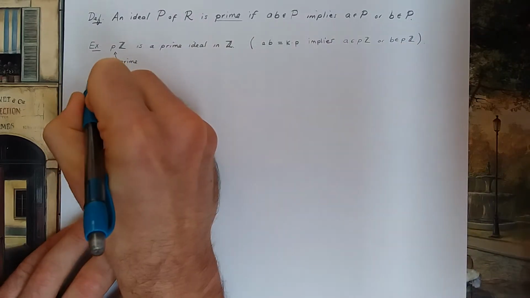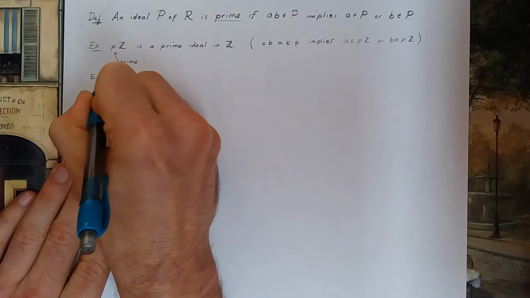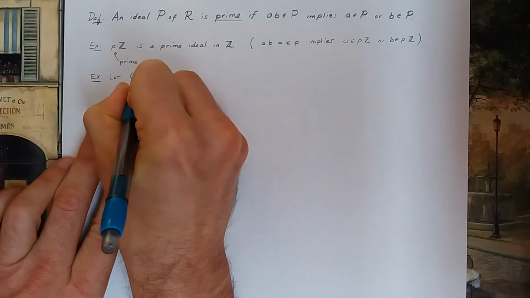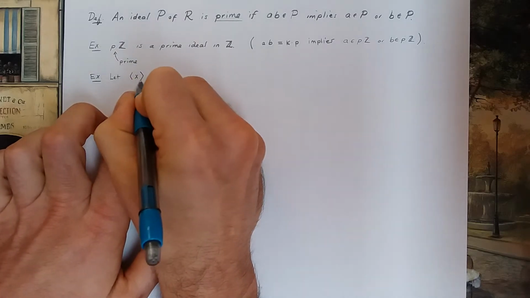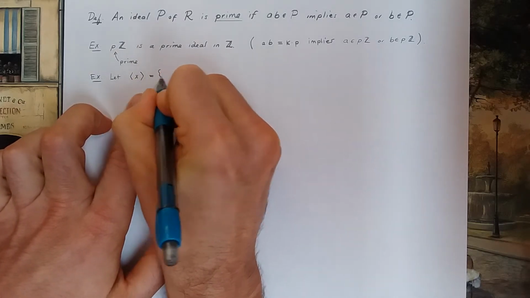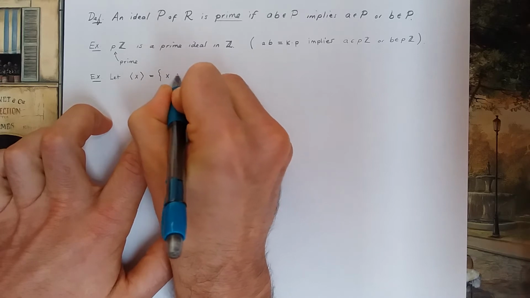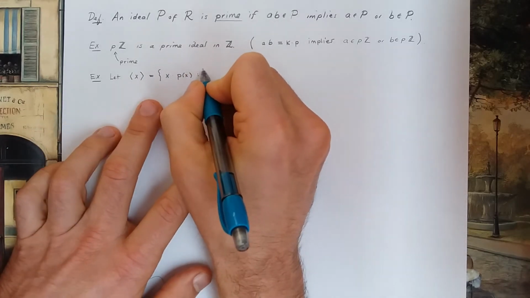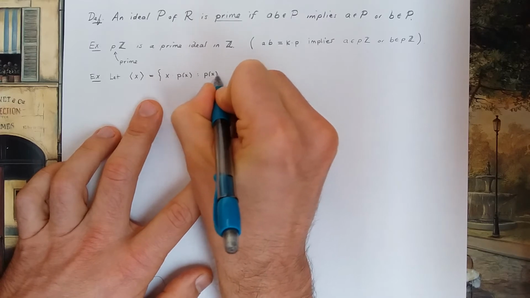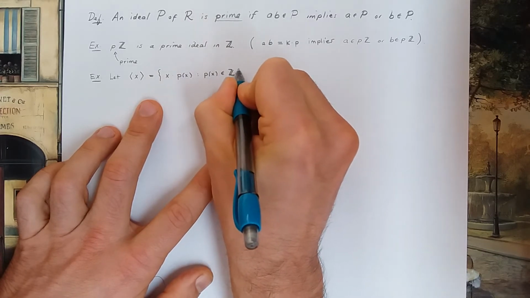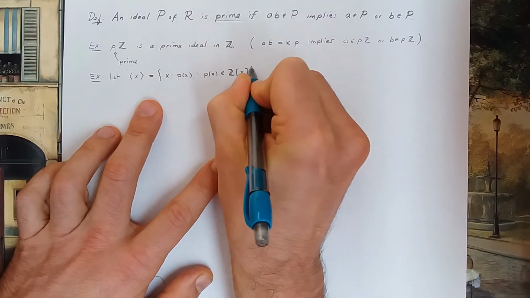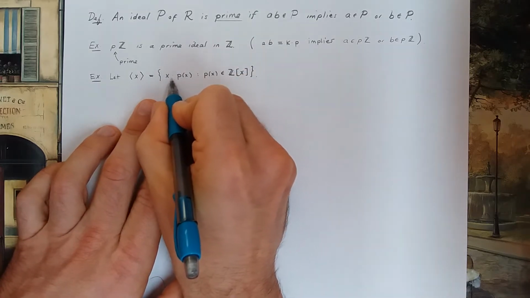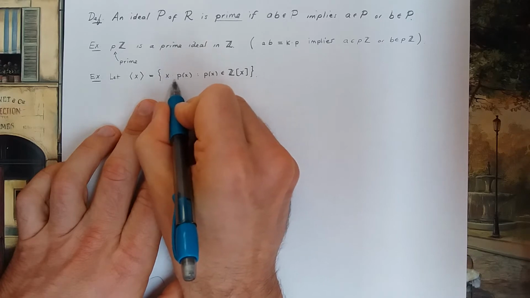Let's do another example. So let this be the ideal of everything of the form x times p of x, where p of x is a polynomial with integer coefficients. So I'm going to look at every polynomial of this form.